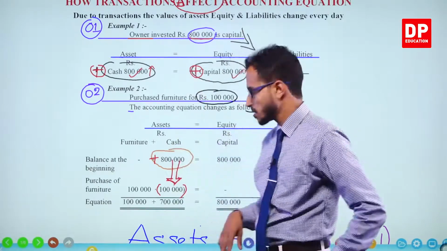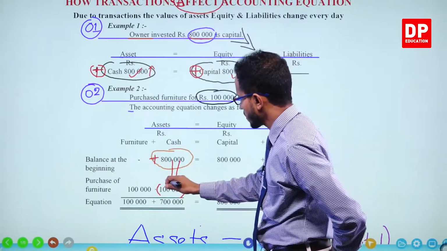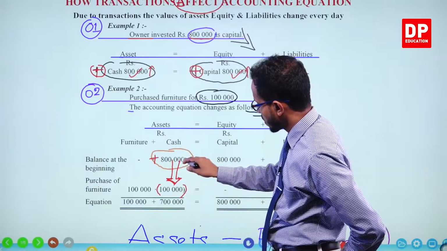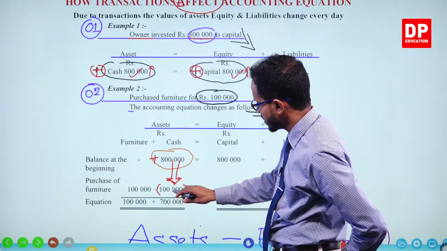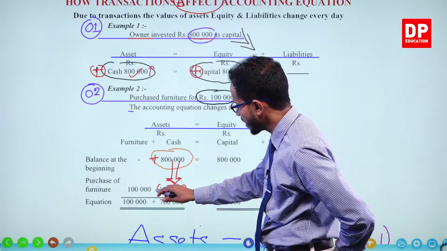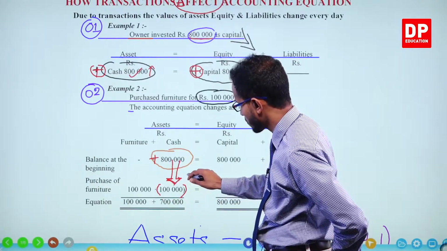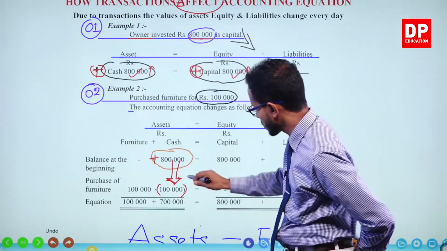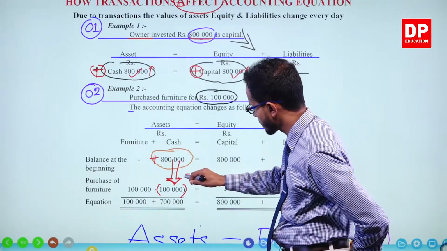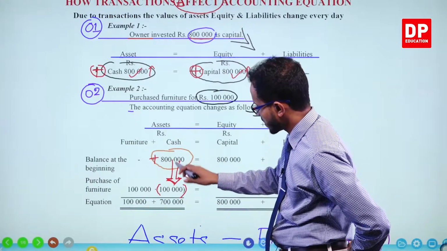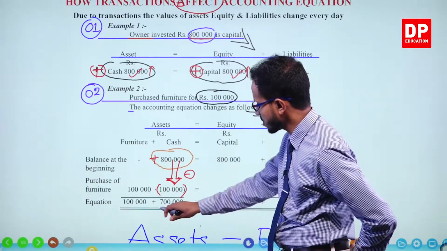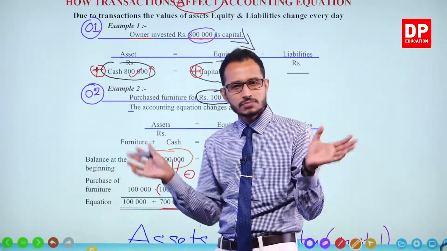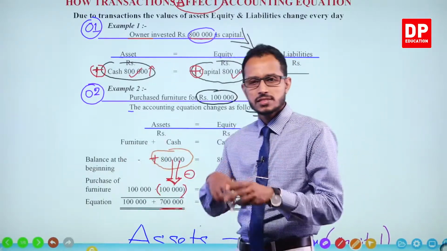That's why the textbook has shown you 800,000 remaining cash, and under that 100,000 minus cash. I will put a minus mark here, minus cash. 800,000 minus 100,000, 700,000 is remaining. Clear, right? It's nothing complex. It's nothing hard.